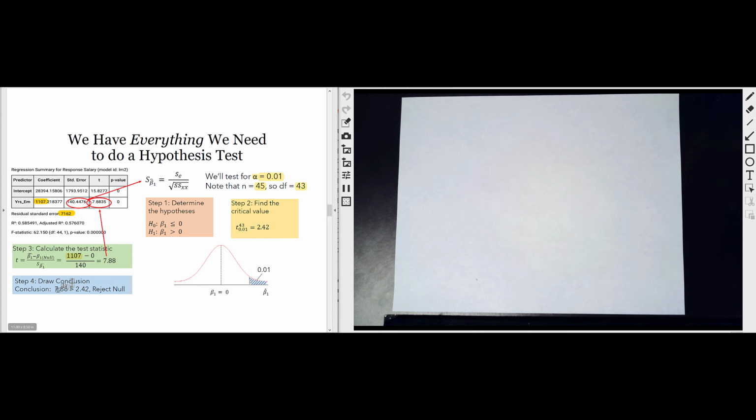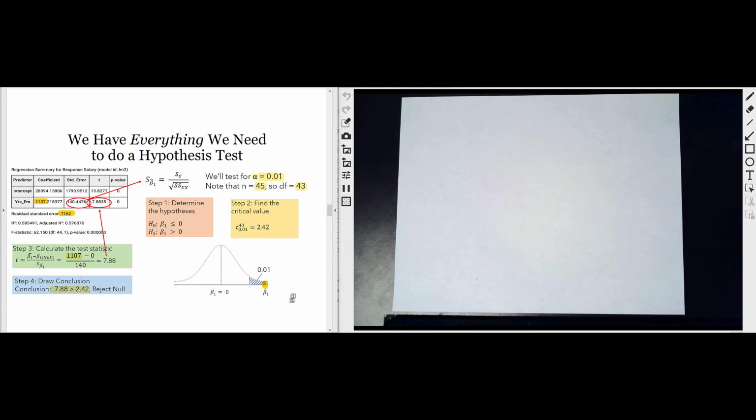And because 7.88 is larger than our critical value of 2.42, that means that we are way out here in our right-hand tail, and we can definitely reject the null hypothesis and conclude that salary does increase significantly at a better significance than 0.01 with years of experience.